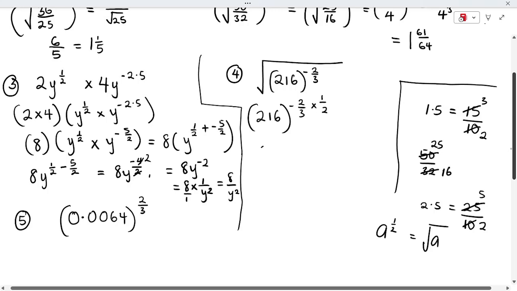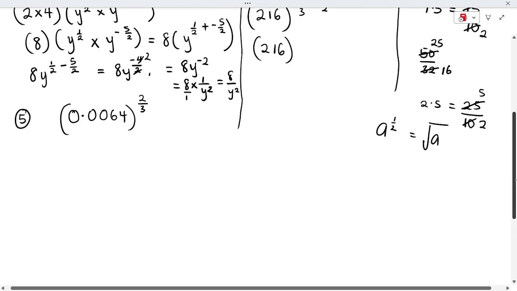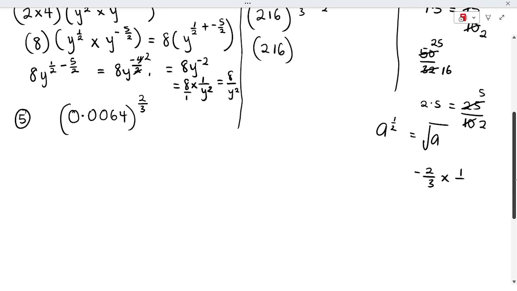So then I have 216. When you multiply this, let's save a bit of time, because I'm trying to solve it in 2 ways. When you multiply minus 2 over 3 times 1 over 2, you see that 2 cancels 2. So you simply have minus 1 over 3.